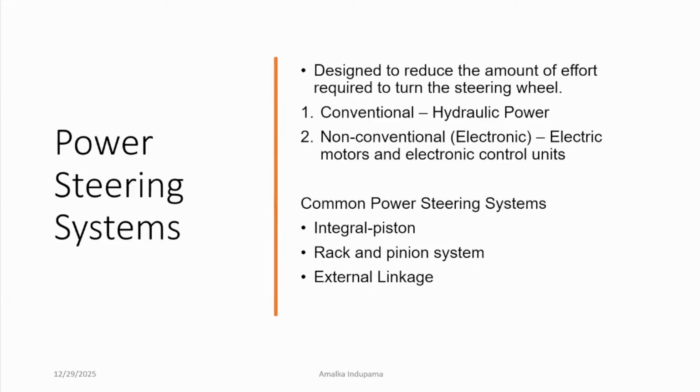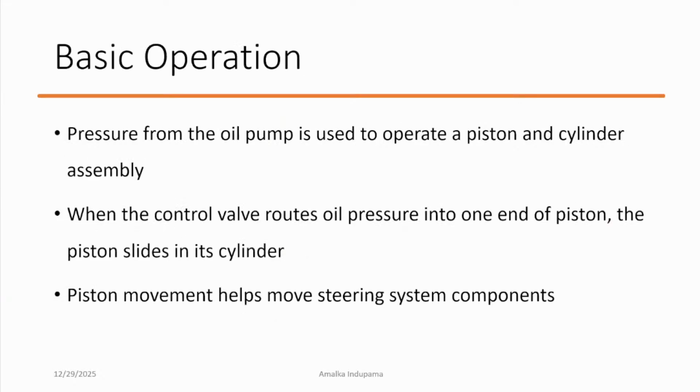And nowadays we have a combined, electric plus hydraulic power steering system, considered a hybrid power steering system. Both hydraulic cylinders and electric motors are there to support. And we have common power steering systems: integral piston, rack and pinion, and external linkage power steering systems. Shall we quickly go through those systems?